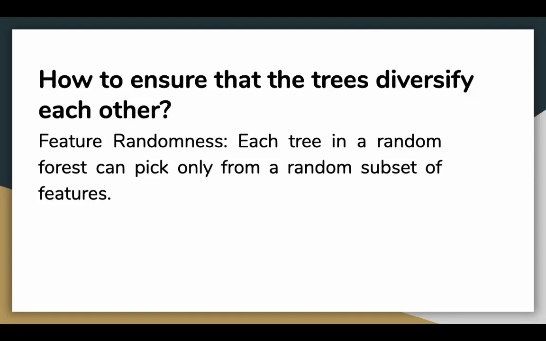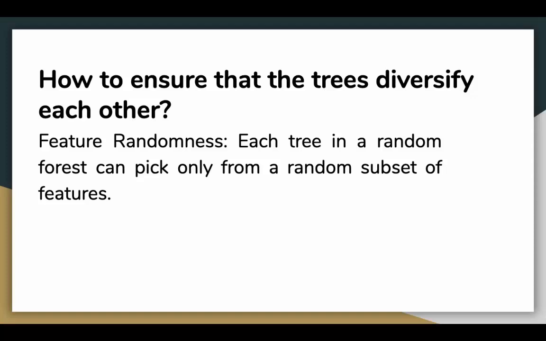Next is feature randomness. Each tree in a random forest can pick only from a random subset of features. In a normal decision tree, when it is time to split a node, we consider every possible feature and pick the one that produces the best separation between the observations in the left node versus those in the right node. In contrast, each tree in a random forest can pick only from a random subset of features.